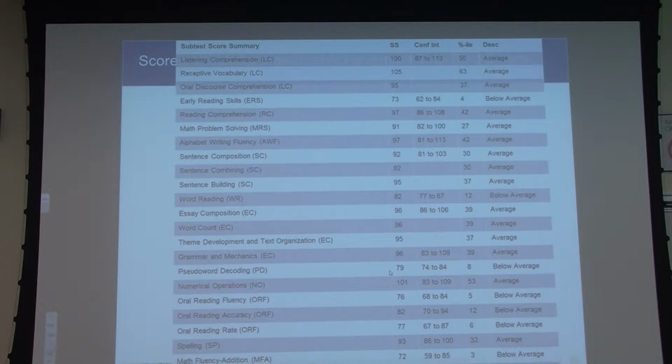Even though they're terrible decoders, they memorize whole words. But if it's a nonsense word, they couldn't have memorized it. They've never seen it before. And so I point out, see, she's only 8th percentile in this. So it seems that she's got a weakness in her basic reading skill and her ability to decode words. And that weakness comes from that phonological and attentional control weakness. And I try to chain it together, okay?